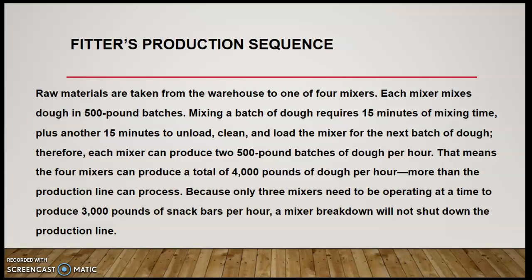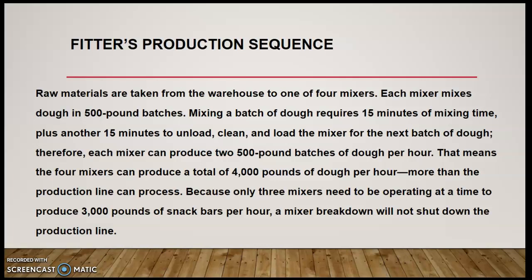Raw materials are taken from the warehouse to one of 4 mixers. Each mixer mixes dough in 5,000-pound batches. Mixing a batch of dough requires 15 minutes of mixing time plus another 15 minutes to unload, clean, and load the mixer for the next batch. Therefore, each mixer can produce two 5,000-pound batches of dough per hour.